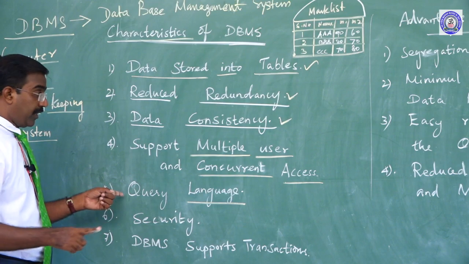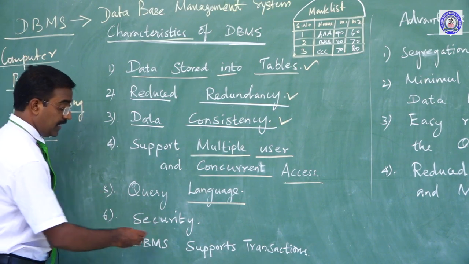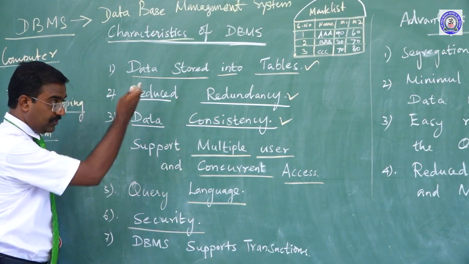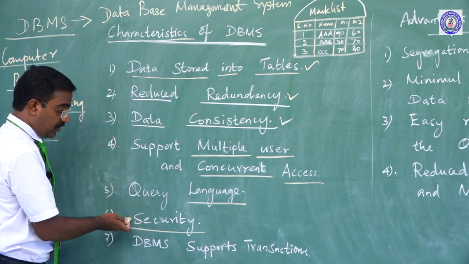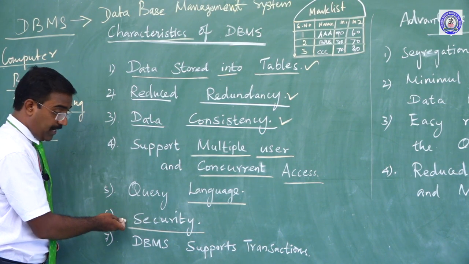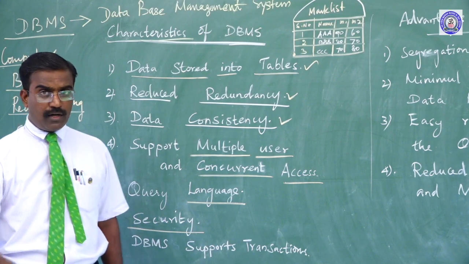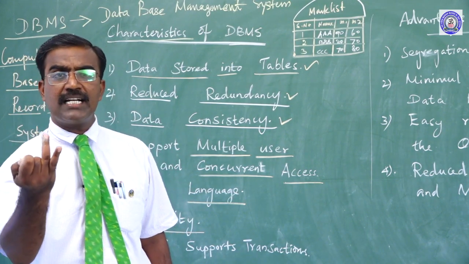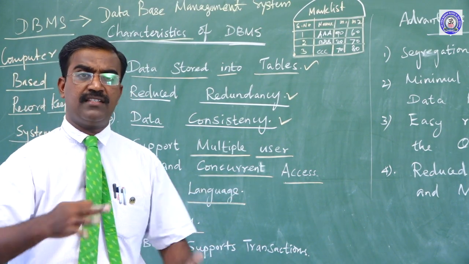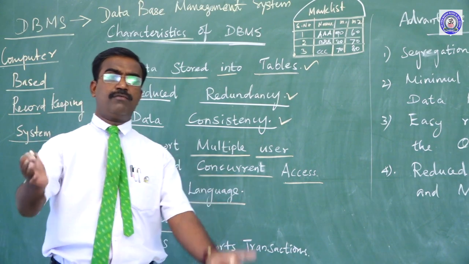This is a very important one: if you need security for this data, we need security. In security, we know physical security, password security and personal security. This is a different concept; we will see it in future.